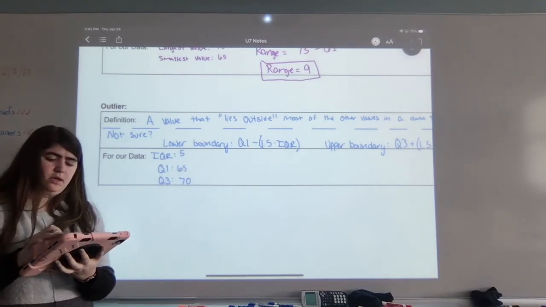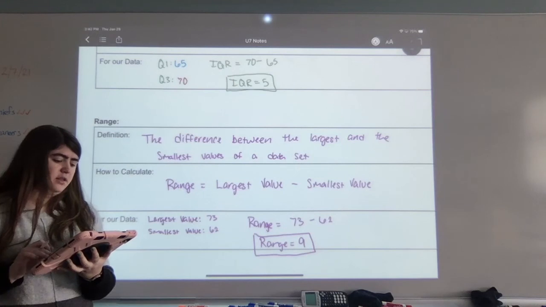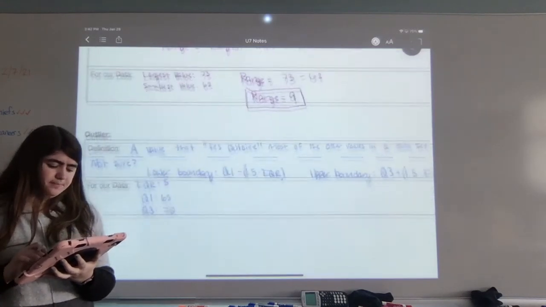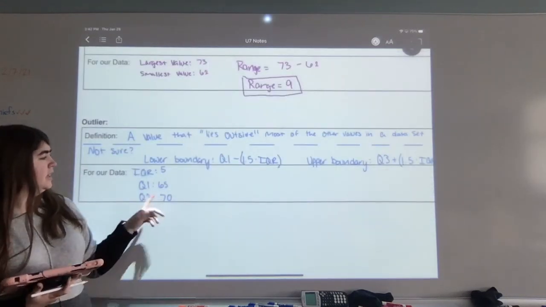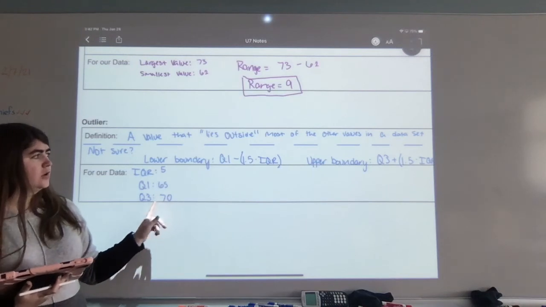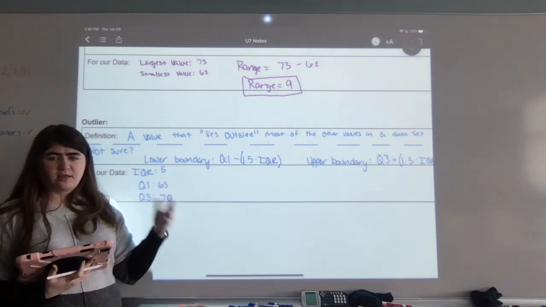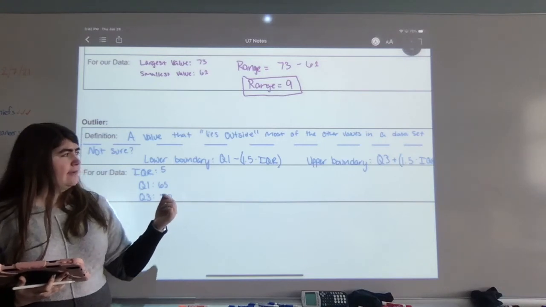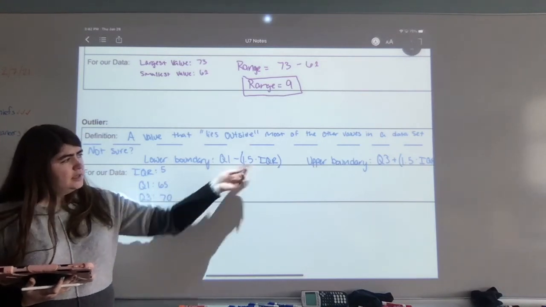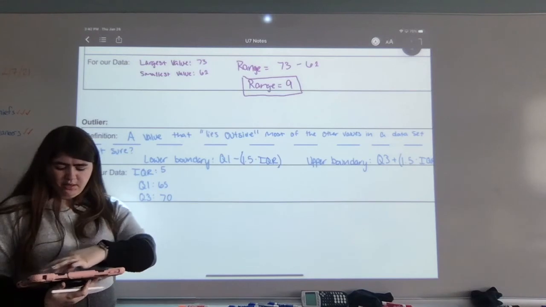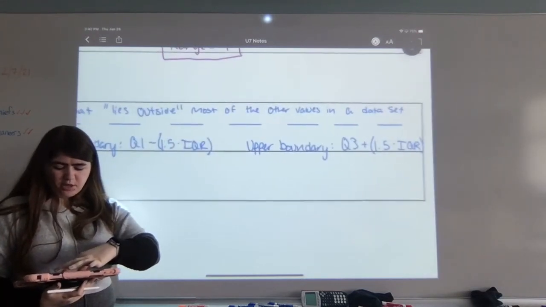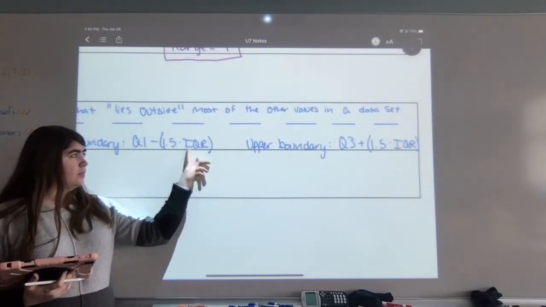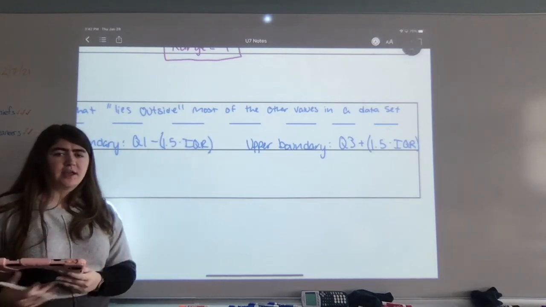We can check to make sure, and that is what it was, 65 and 70. Now we're going to plug this information into our equations. I don't know if you noticed, but we have Q1 minus something and Q3 plus something, and both of those things are 1.5 times IQR. So that's what I'm going to start with.